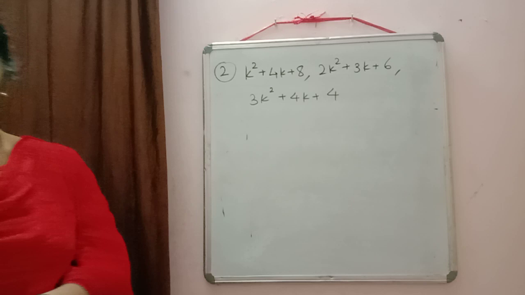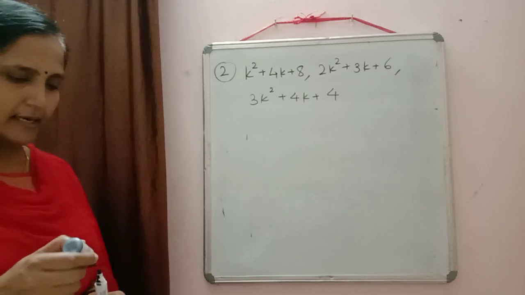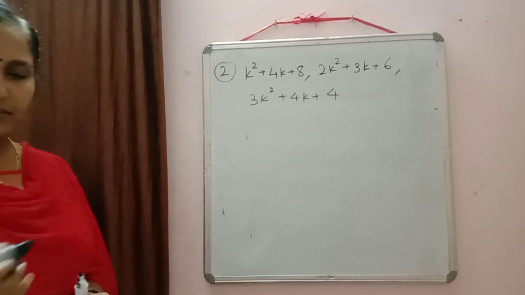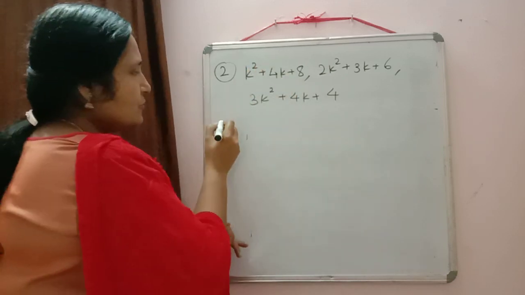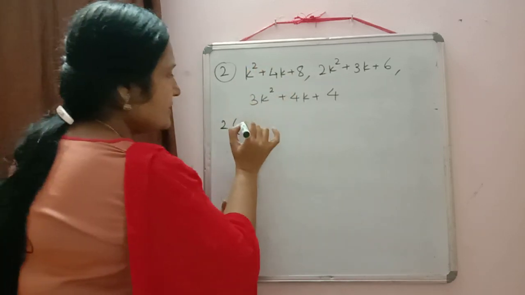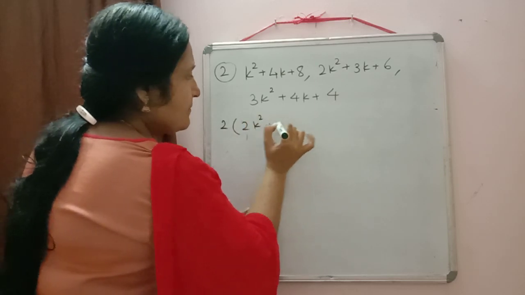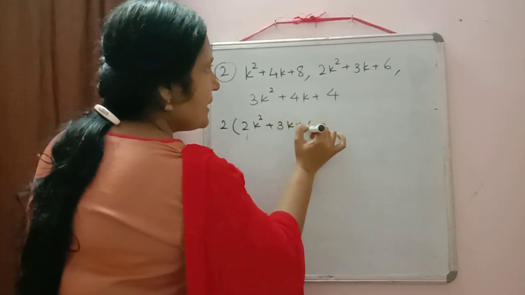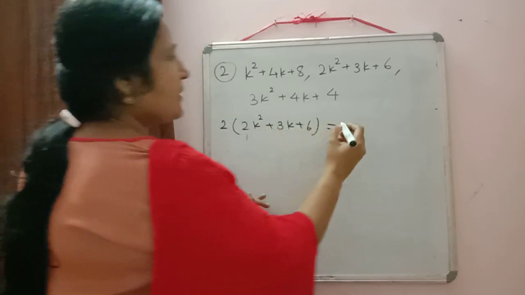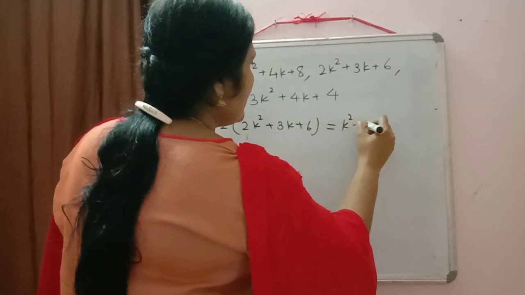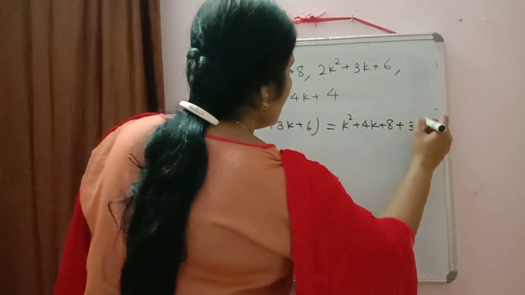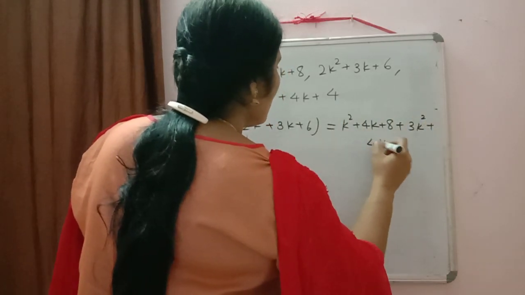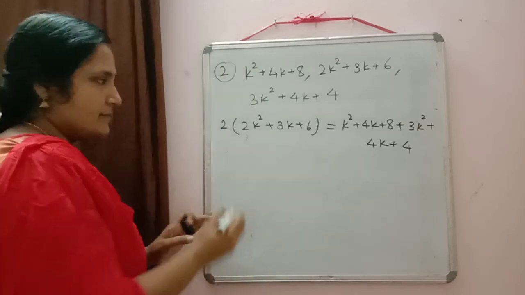So again we can use the concept, if these numbers are in AP, then 2 times the middle number is equal to sum of these two. So 2 times the middle number, that is 2k square plus 3k plus 6 is equal to k square plus 4k plus 8 plus 3k square plus 4k plus 4.